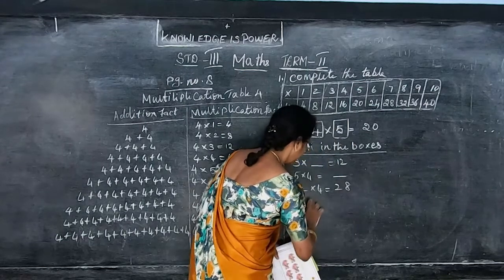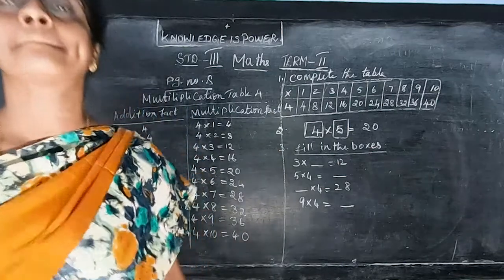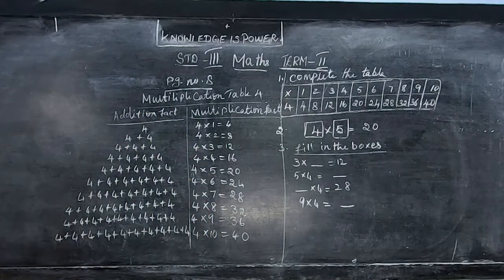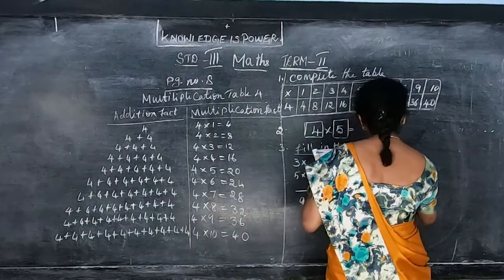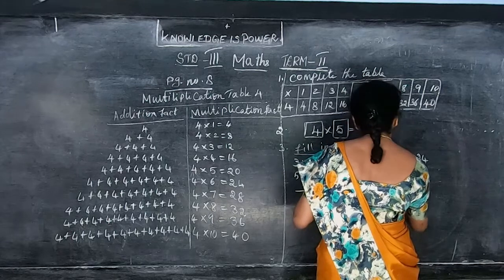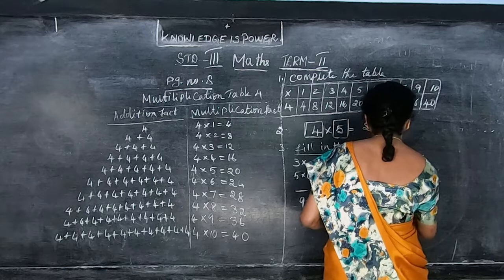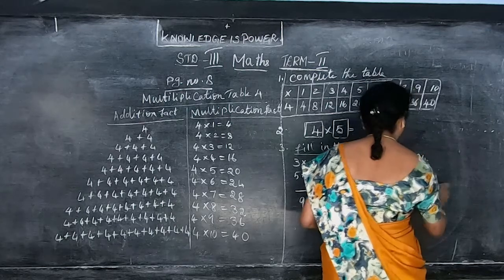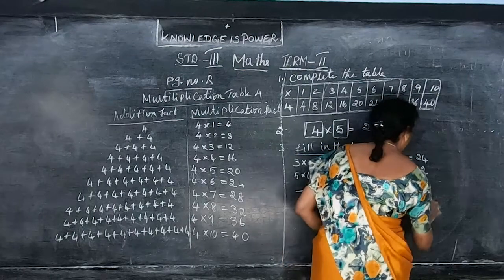Then 9 into 4 equal to dash. 6 into dash is equal to 24. Dash into 3 is equal to 12. 4 into dash is equal to 16. Dash into 4 equal to 40.